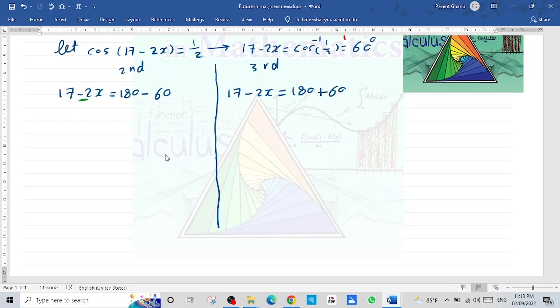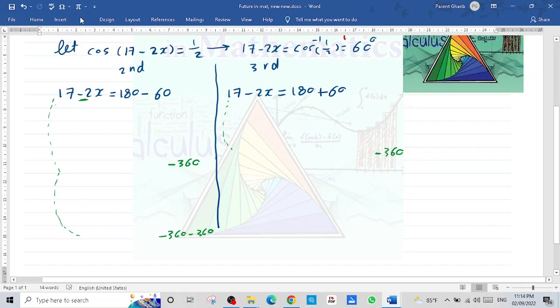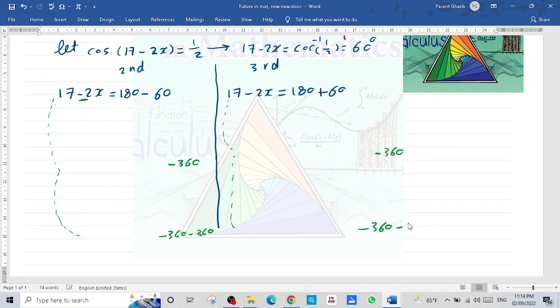Then we subtract here the same value, but we subtract 360, and again 360. The same on the other side: we subtract 360 one time, and then another time we subtract 360, which means minus 720.